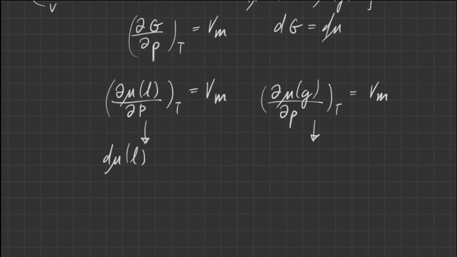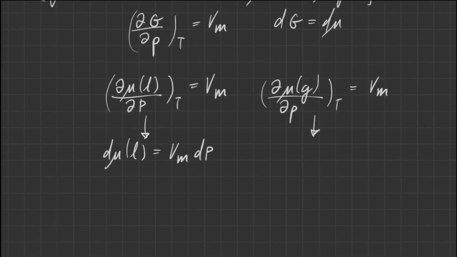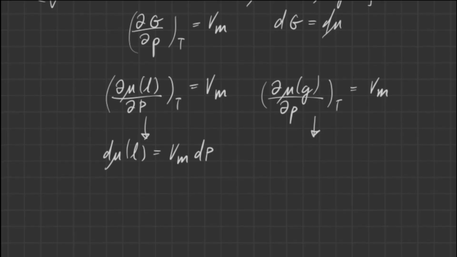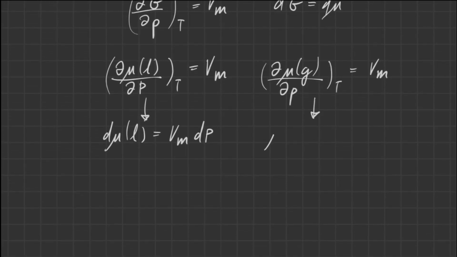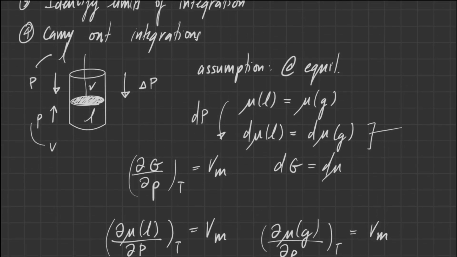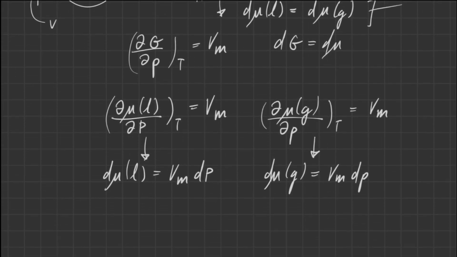So the chemical potential of the liquid form, at constant temperature, is equal to the molar volume times dP, with capital P being the total pressure experienced by the liquid. Solving on this side, delta mu G is equal to the molar volume times the change in partial pressure. Remember that lowercase p corresponds to a gas.